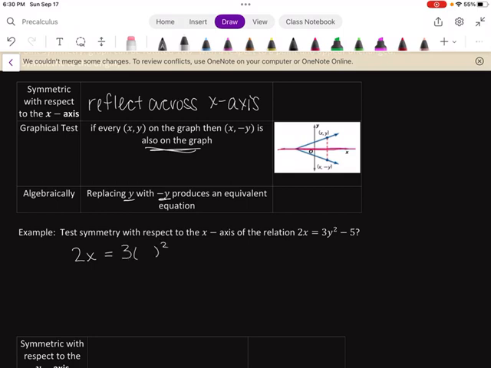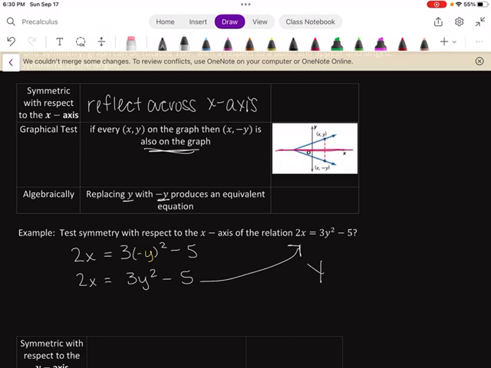So where y is, I'm going to leave it blank, and then put the negative y in there. So negative y squared is y squared, 2x is equal to 3y squared minus 5. So that is exactly the same thing as our original. So yes, there is symmetry to the x-axis.